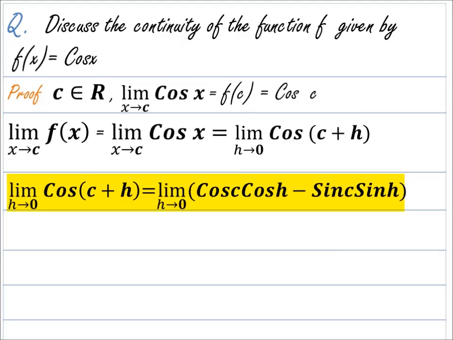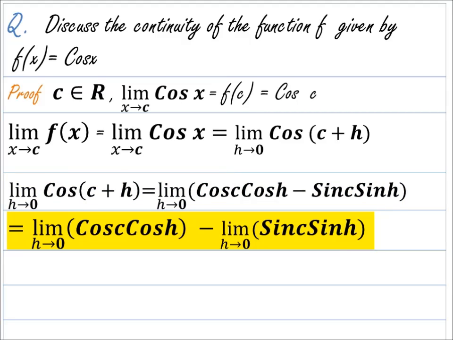So now this expression can also be written as the limit as h approaches 0 of cos c cos h minus sin c sin h, which is equal to the limit as h approaches 0 of cos c cos h minus the limit as h approaches 0 of sin c sin h, and the limit as h approaches 0 of cos h is equal to 1, and the limit as h approaches 0 of sin h is equal to 0.